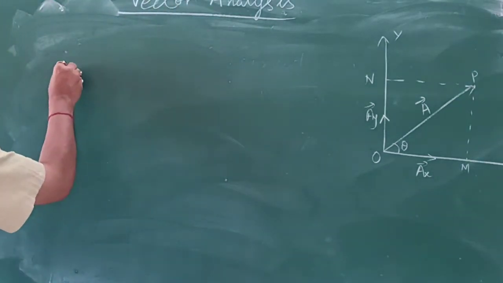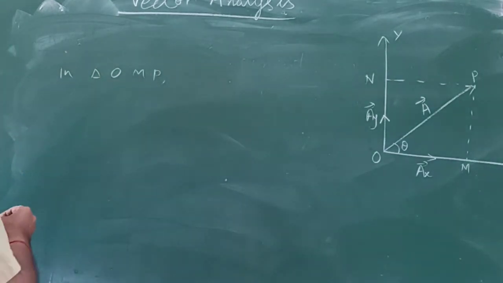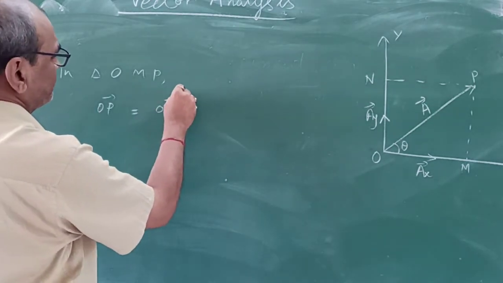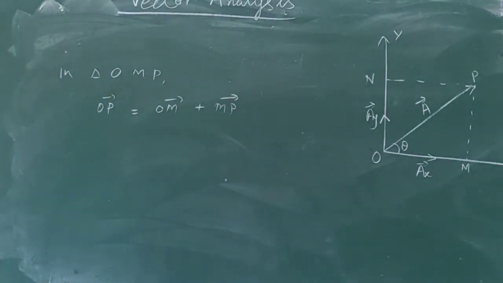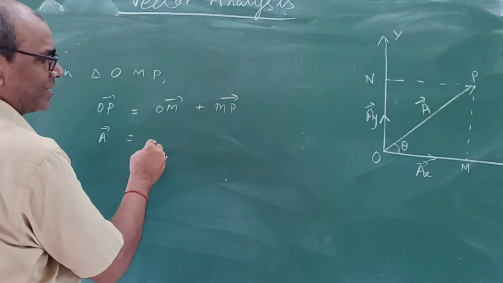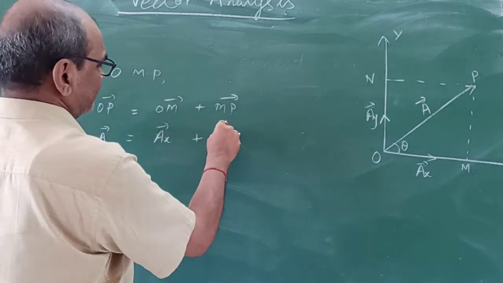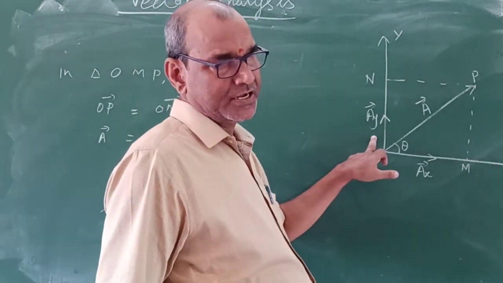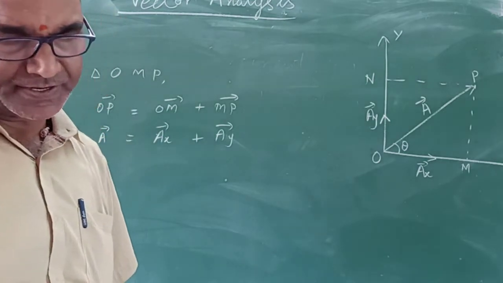Therefore, in triangle OMP, OP is equal to OM plus MP. Therefore, OP is equal to vector A. OM is equal to vector AX plus AY, because MP line is parallel and equal to ON, and ON is vector AY.